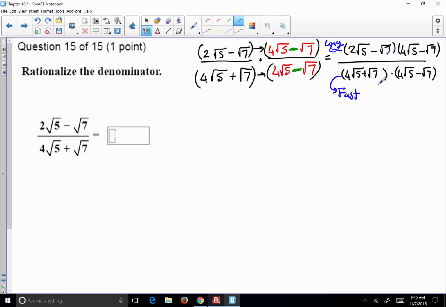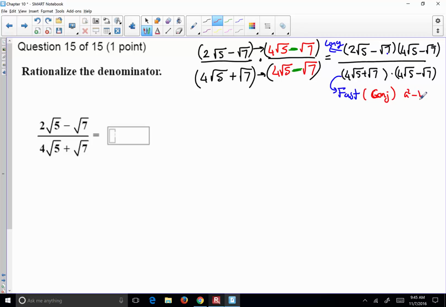This bottom one is conjugate multiplication, because they are the same pair. Look, 4 root 5, 4 root 5, root 7, root 7, same pairs. The only thing different is the sign. They are called conjugates.